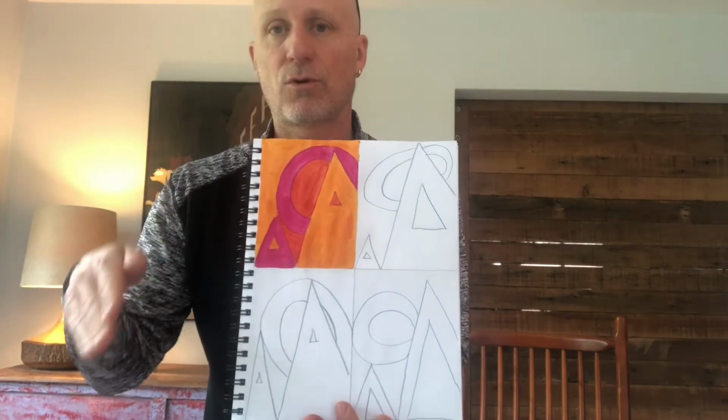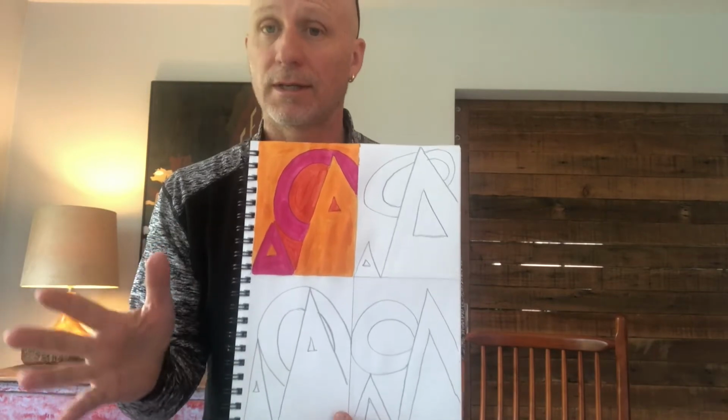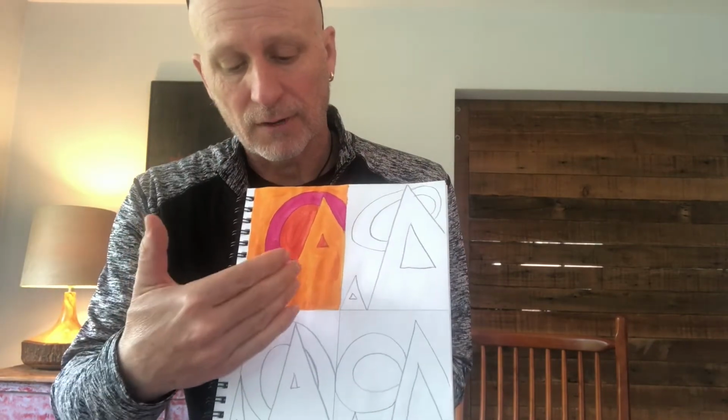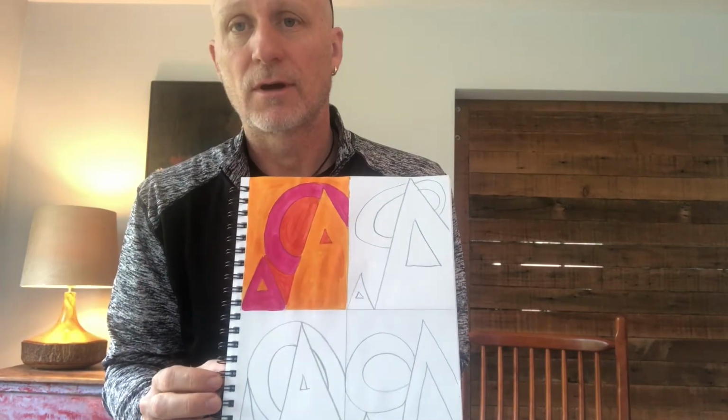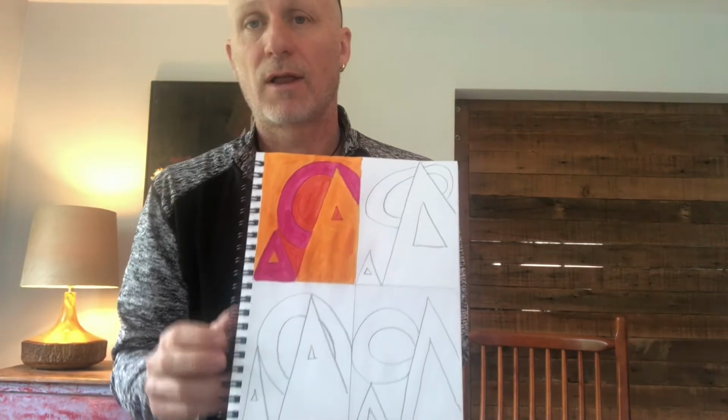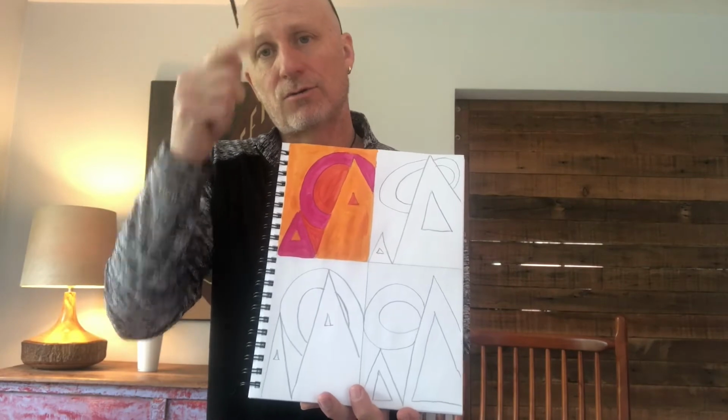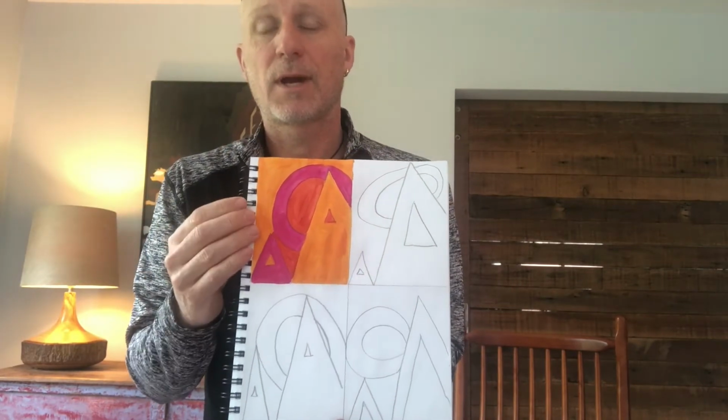It depends on if you cross over into things that are blue. I didn't. So I've got an orange and a red-orange and this magenta, which would be like a red violet. You can imagine how those would be close to each other on the color wheel. So that's my analogous. So I'm gonna head in, choose a different color scheme for each one, and go ahead and paint them all in. And I'll show you how that comes out.